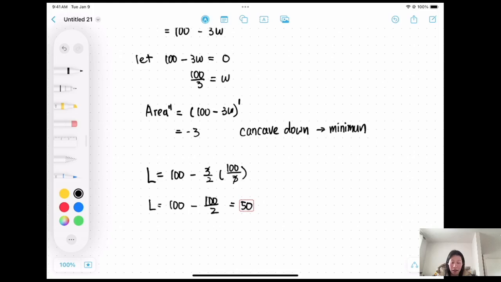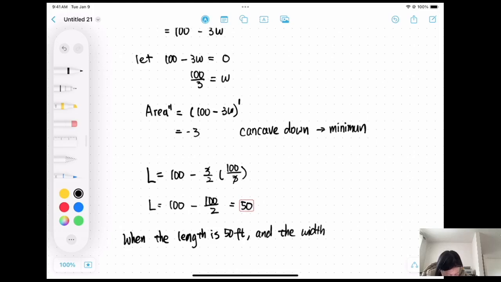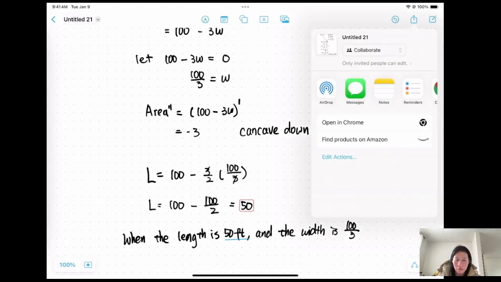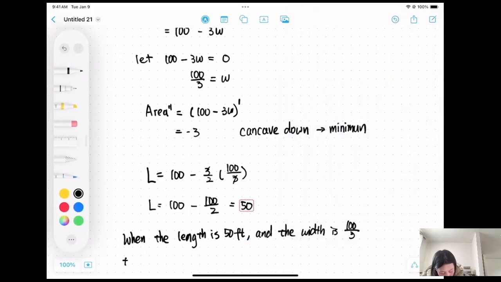So that means when the length is 50, and the width is 100 over 3, we reach our maximum. The area of the rectangle, I should say that.